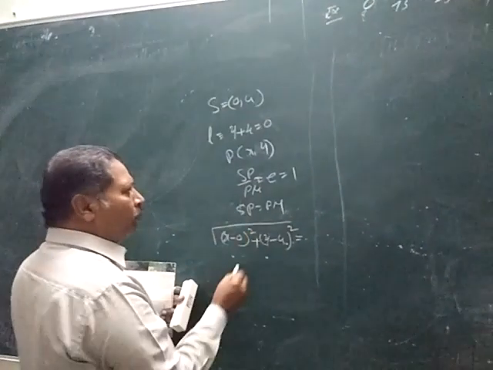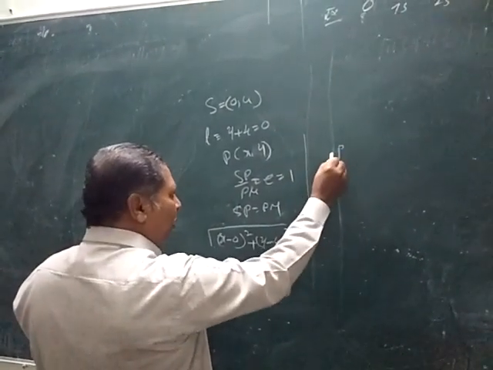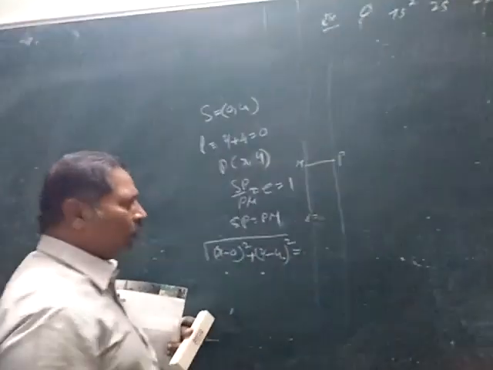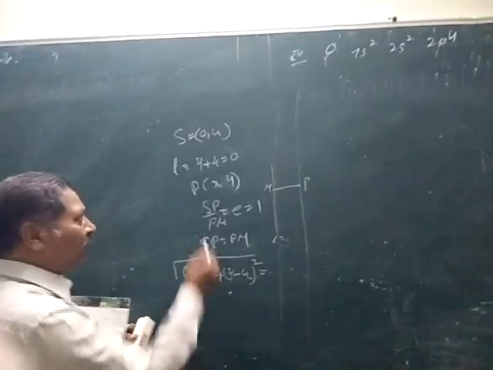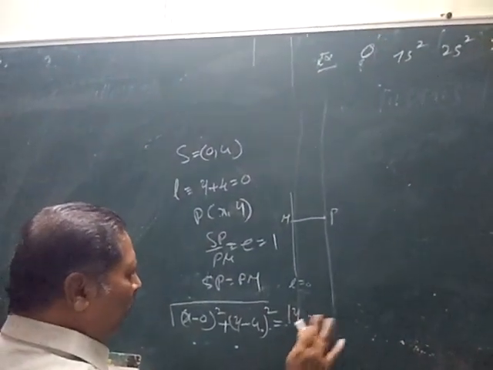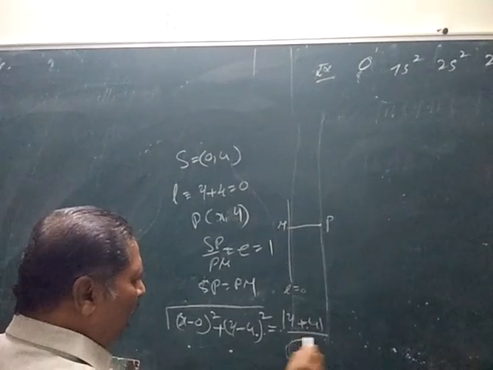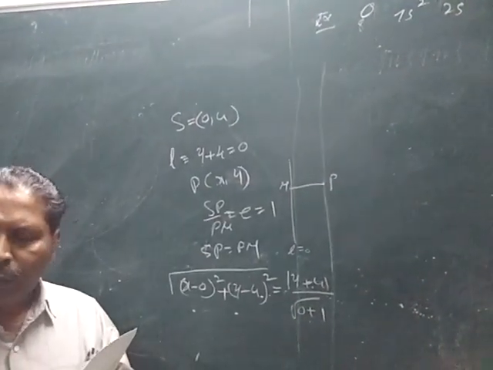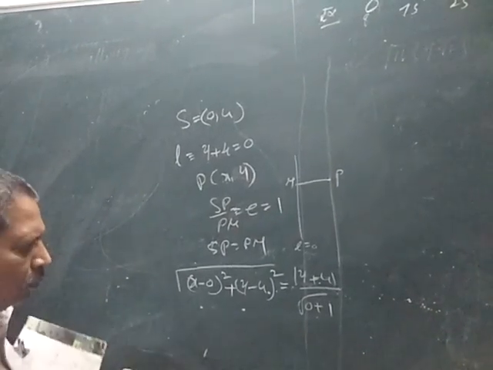What is PM? The perpendicular distance from P to the directrix is the modulus of y + 4 by the square root of a² + b², with a value 0 and b value 1.